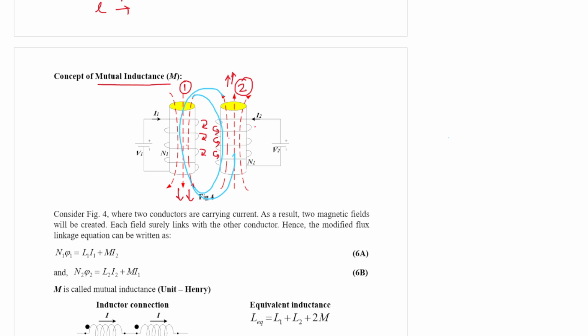Some part of the magnetic field of solenoid 2 will be linking to the coil of conductor 1. So it is well understood that we have a mutual coupling effect or mutual linkage effect.